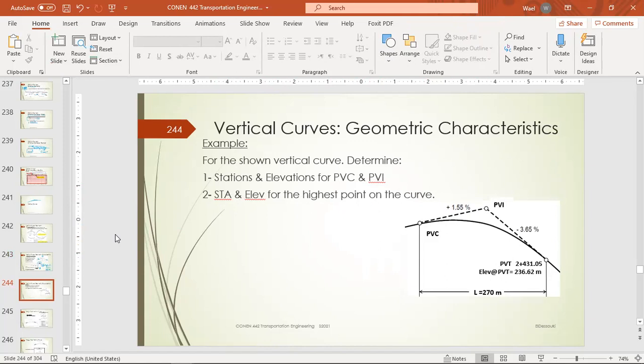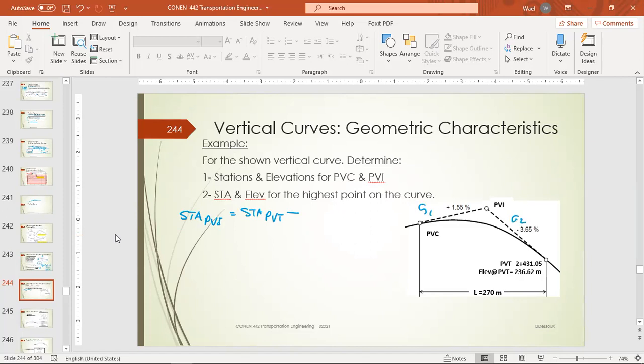So what is the station of the BVI? The station of the BVI basically equals the station of the BVT minus this grade multiplied by L over 2. So this is G1, this is G2.